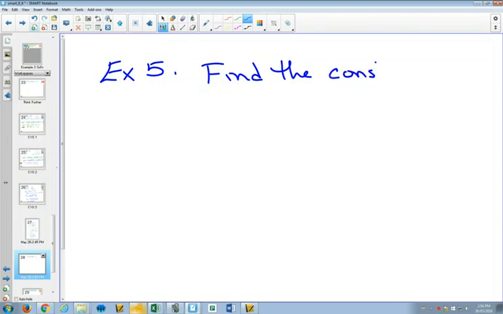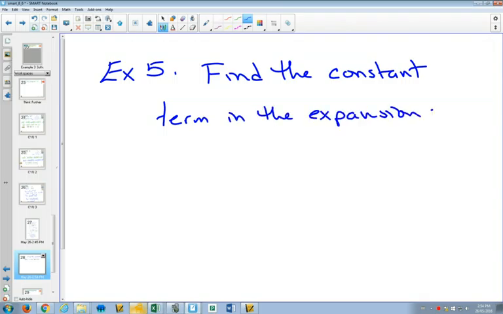One more example. Find the constant term in the expansion of 5x cubed minus 2 over x to the 12th.